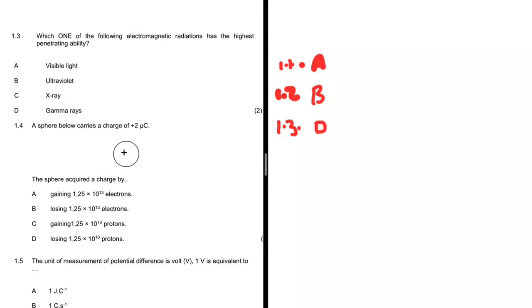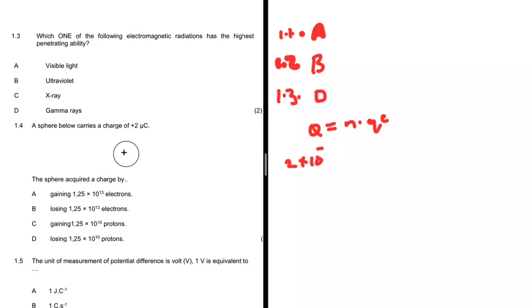So let's calculate the number of electrons this sphere has in excess in order to have a charge of plus 2 microcoulombs. So the charge, we know fully well that it is equal to the number of electrons multiplied by the charge of an electron. So what is the charge? 2 microcoulombs. So we have 2 times 10 to the minus 6. We're interested in the number of electrons that the sphere has lost. What is the charge of an electron? Well, minus 1.6 times 10 to the minus 19.